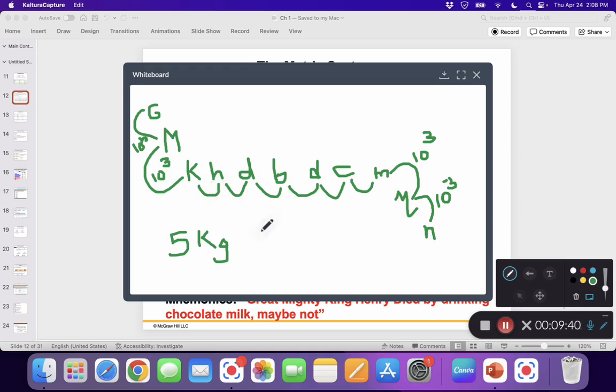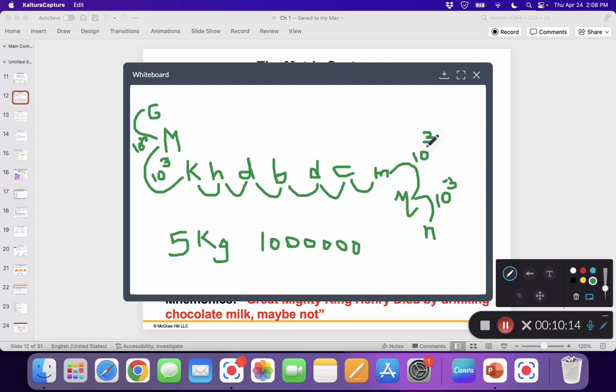So 1, here is 10, 100, 1000, 10,000. Similarly, behind 1, I have 1, 2, 3, 4, 5, 6 zeros. I have reached here. So 1 kg is 10 to the power 6 milligram.